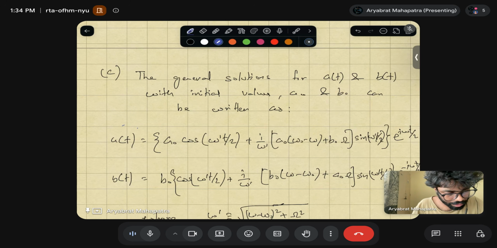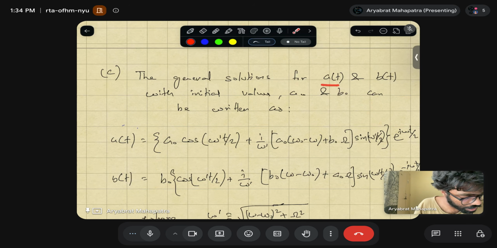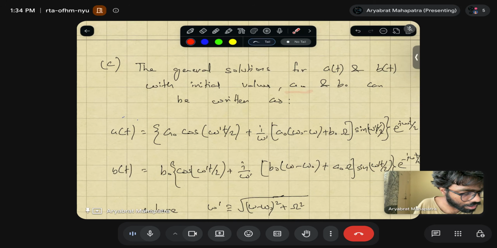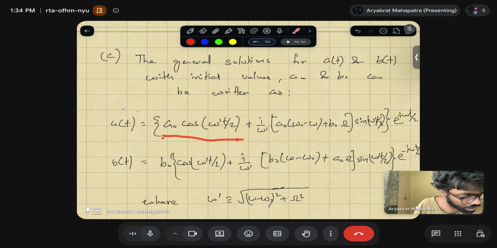So the next thing here is the general solution for A of t and B of t. If we solve the Schrodinger equation with proper initial values, denoted by A naught and B naught, then the solutions are given by these exact solutions.